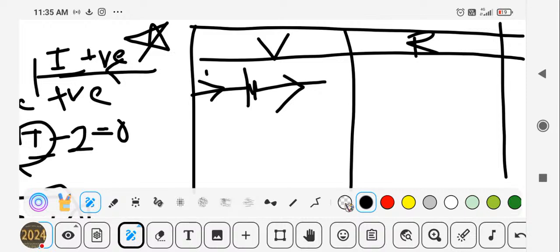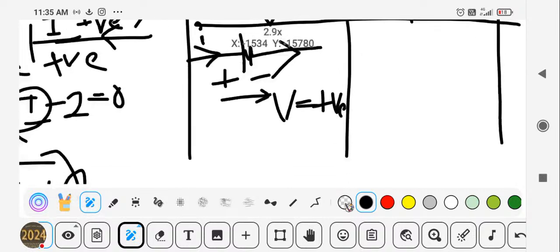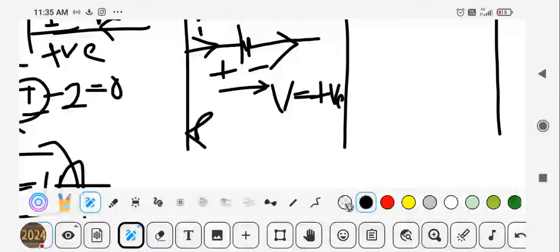If I is in this direction, sign of V is, from positive it is going to negative. From positive to negative means in the same direction as the current, then V is given as positive. If it is reversed, then V is negative.